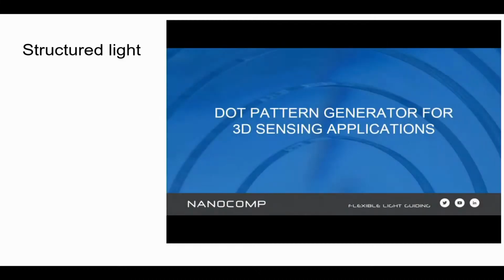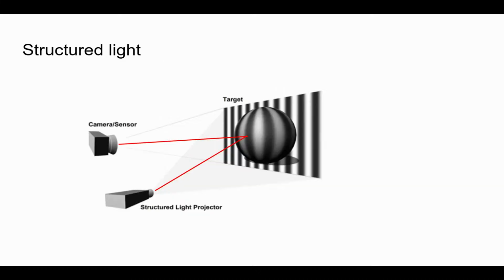So you have a setup like this. It can be done with a projector or with those dot patterns. It doesn't matter. But basically, you can understand, okay, from the camera, I see this point because there's a specific part of the pattern, and the pattern is projected from a different viewpoint. By doing triangulation, you can understand where things are.